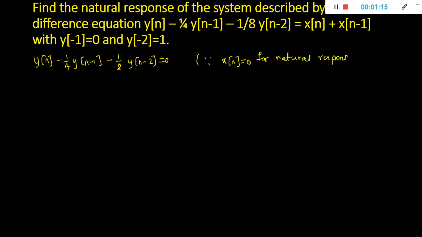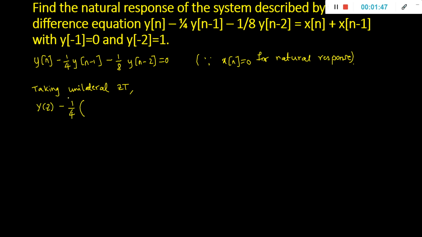Okay, now let's continue. What we do is we take the unilateral z transform of this entire difference equation. Taking the unilateral z transform, we have the following equation. y(n) gets Y(z) minus 1/4.